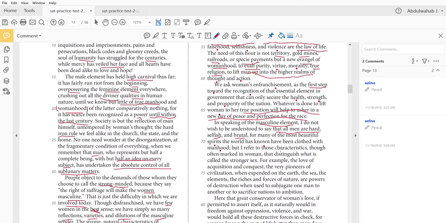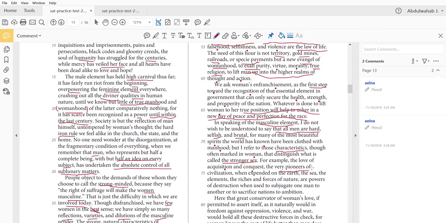But I refer to those characteristics, though often marked in woman, that distinguish what is called the stronger sex, that is man. For example, the love of acquisition. Those are the male characteristics, or the masculine elements: the love of acquisition and conquest.